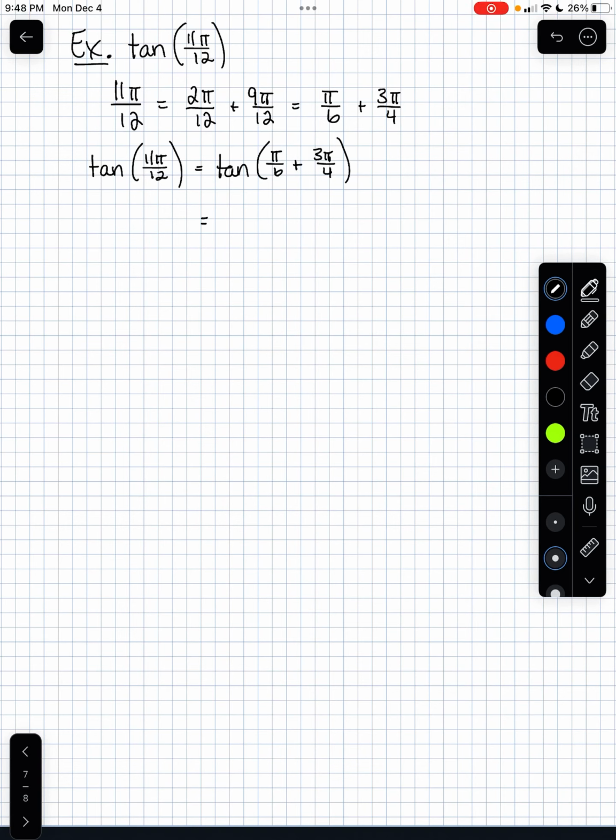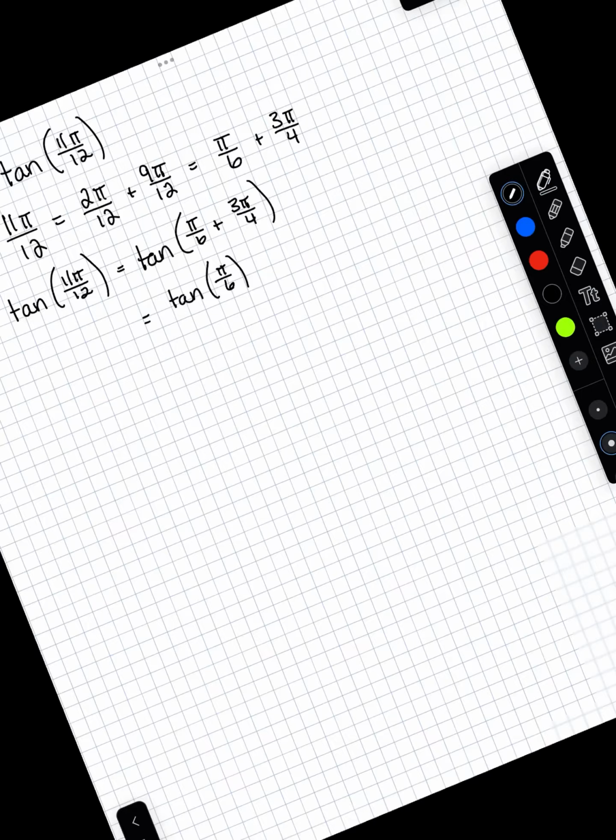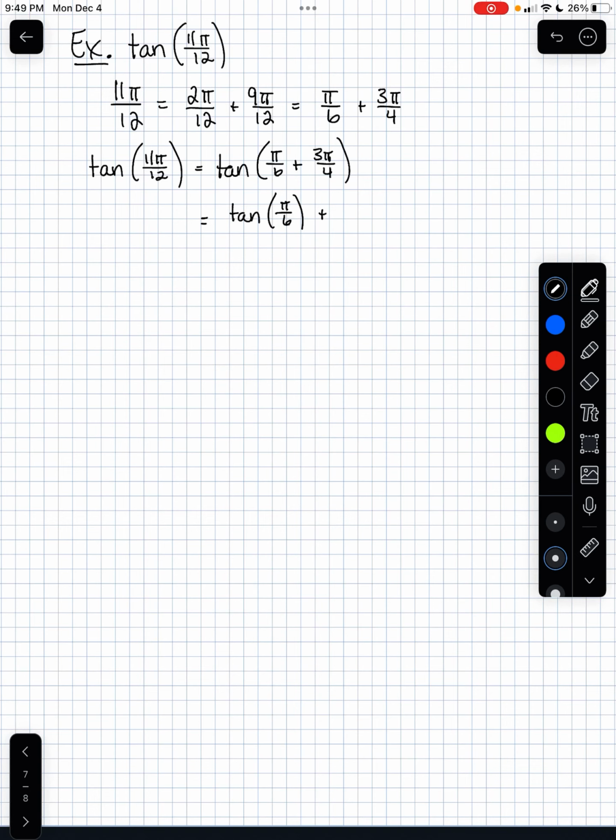Now, according to our formula, that should be the tangent of the first, pi over 6, plus the tangent of our second angle, 3 pi over 4, over 1 minus the product of tangent of pi over 6 times tangent of 3 pi over 4.